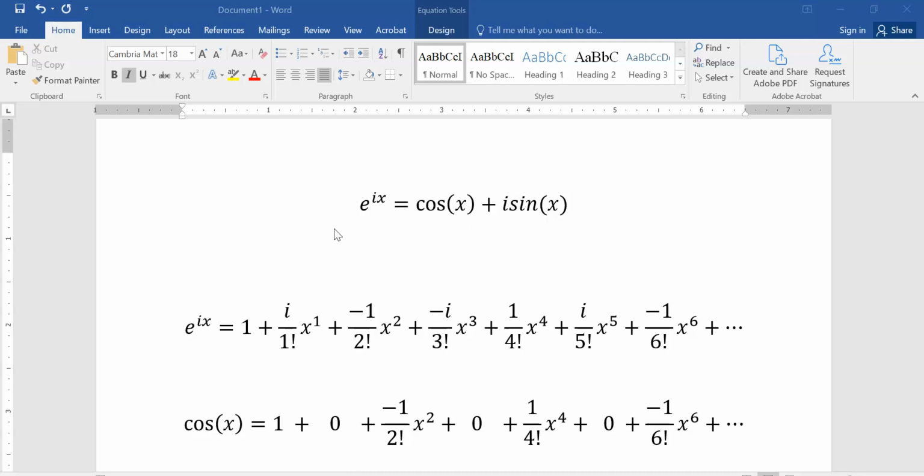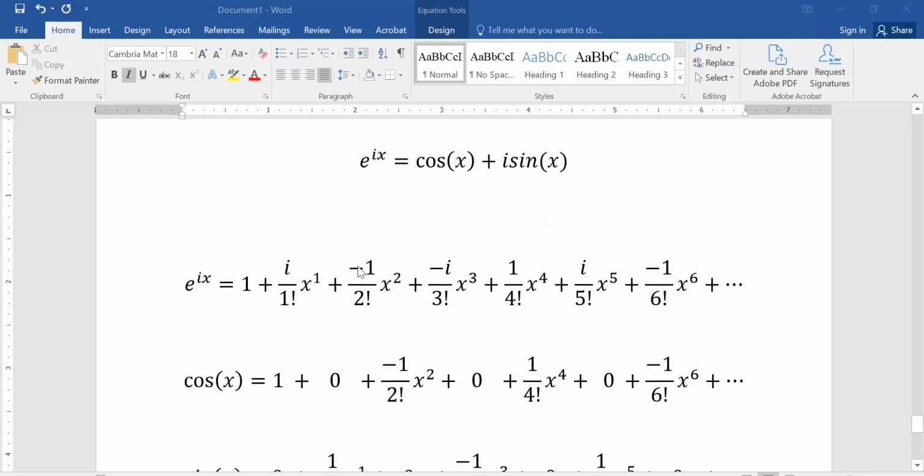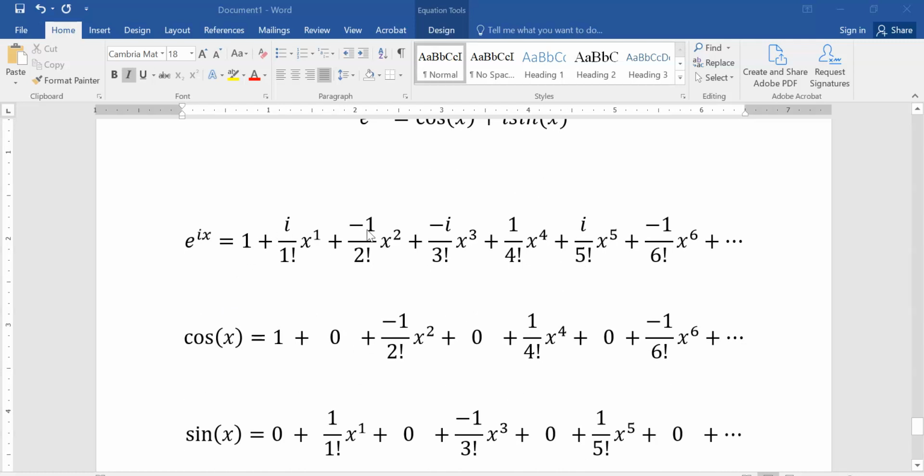So I think it's easier to see if we expand out the first few terms instead of trying to write the infinite sums. So I want you to notice that e to the ix had this cyclical pattern of 4 going 1, i, -1, -i, 1, i, -1, -i in the numerator. And also cosine had this cyclical pattern of 4 where it went 1, 0, -1, 0 in the numerator. Sine had a cyclical pattern of 4, 0, 1, 0, -1.